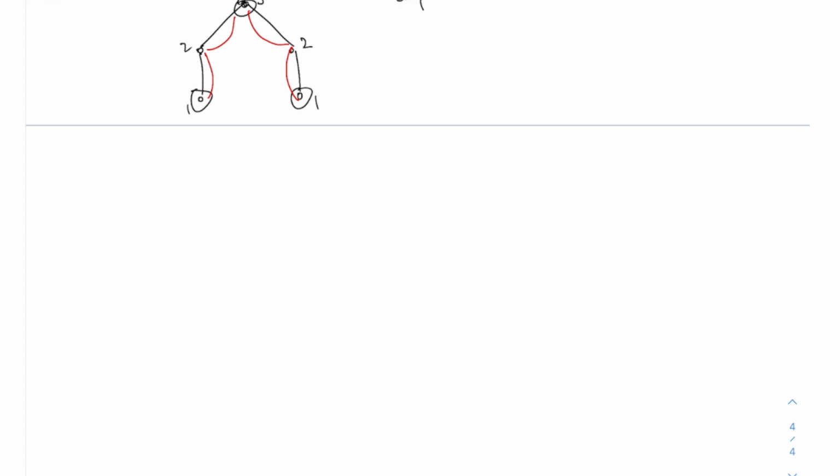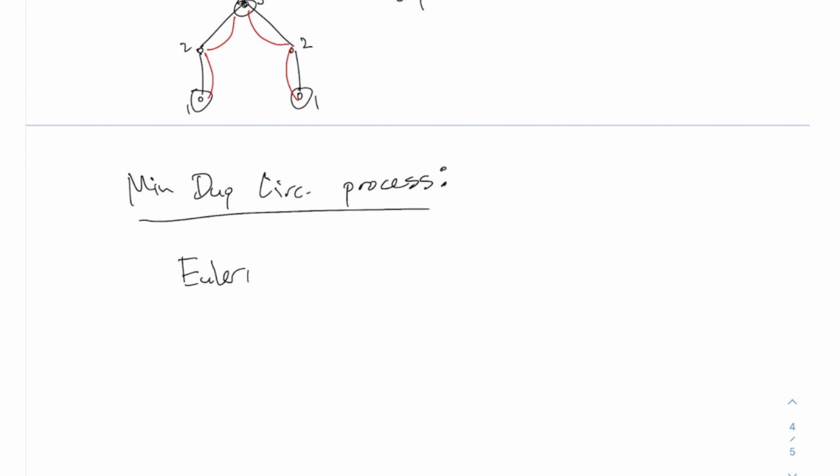So the minimum duplication circuit process. What you want to do, first of all, is Eulerize by edge doubling.